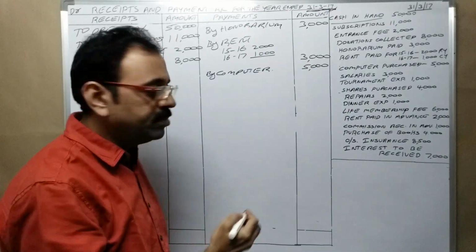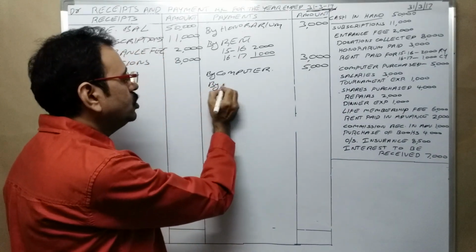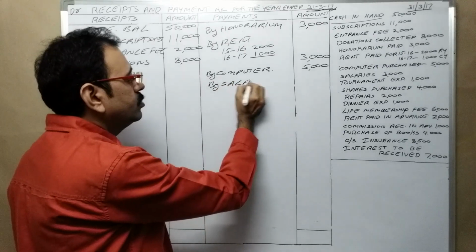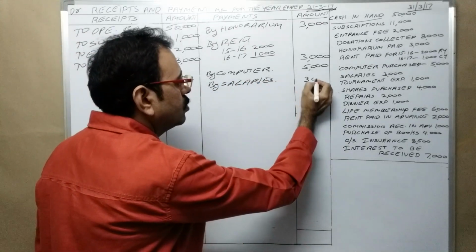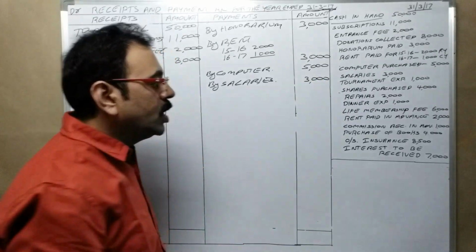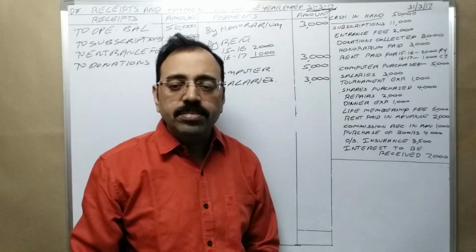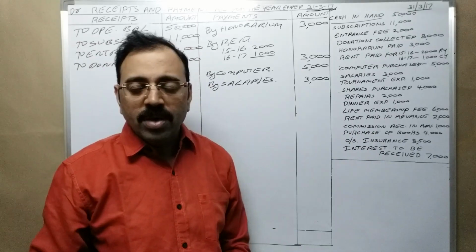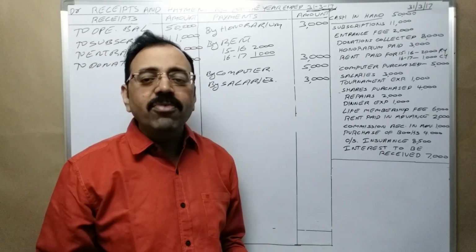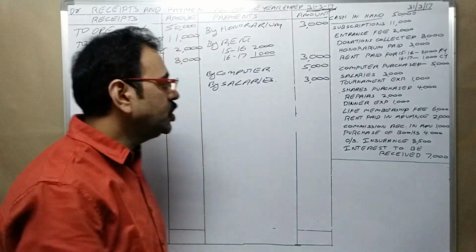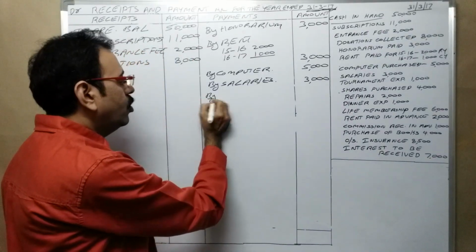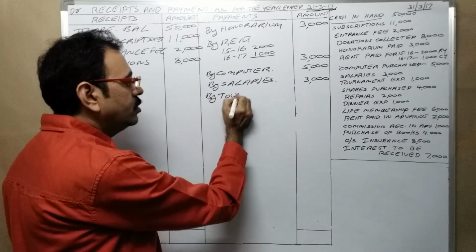Cash is going, we paid salaries. Tournament expenditure. Tournament means game. We conducted some game and we spent some money towards that. It's a payment. Cash is going, therefore credit side.